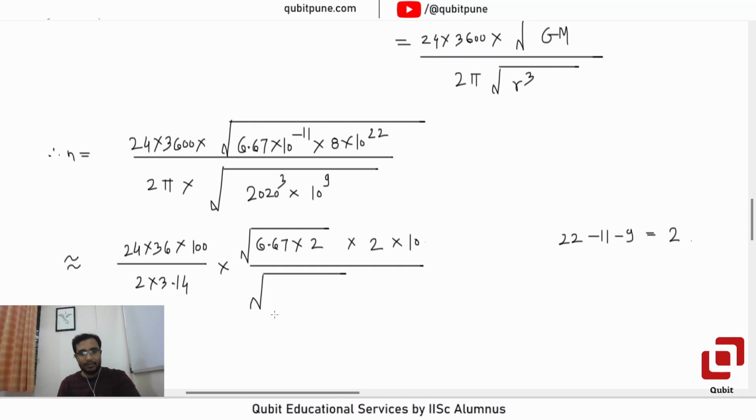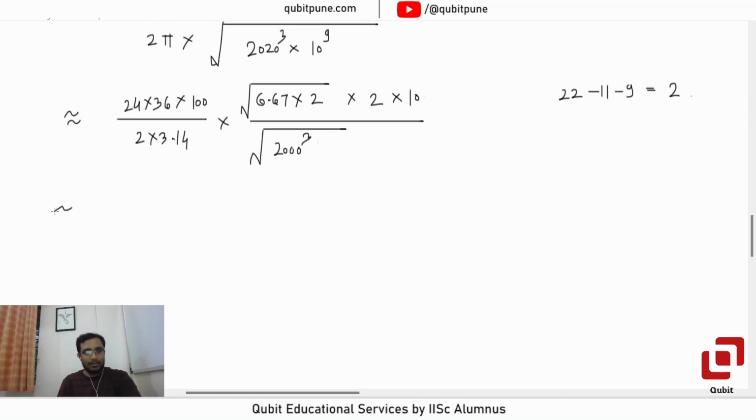This time I'm approximating it to 2000 and cube. I hope that doesn't create any errors. Well, it is going to create some error definitely.